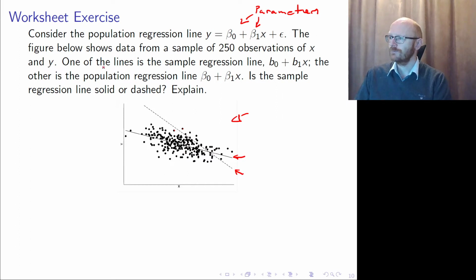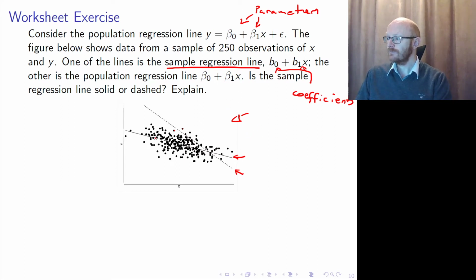Because one of the lines is the sample regression line. And here you have the coefficients, right? The coefficients you can observe because you calculate them based on the OLS method, the regression method we use.